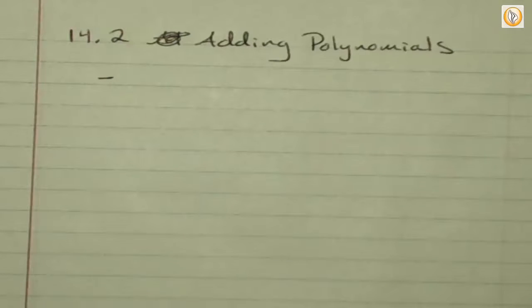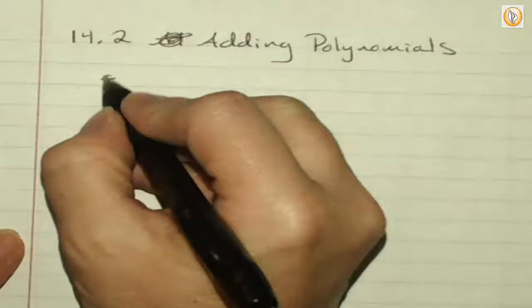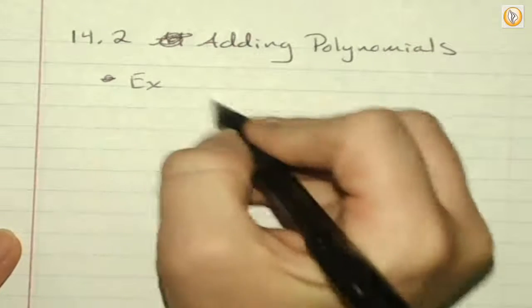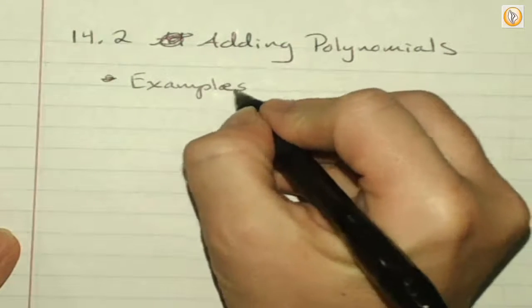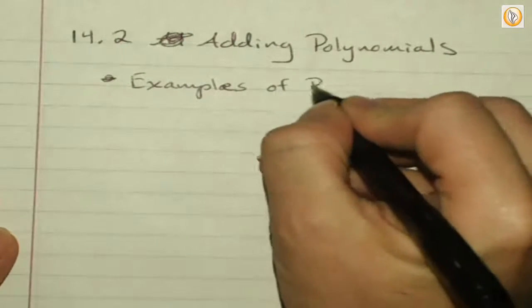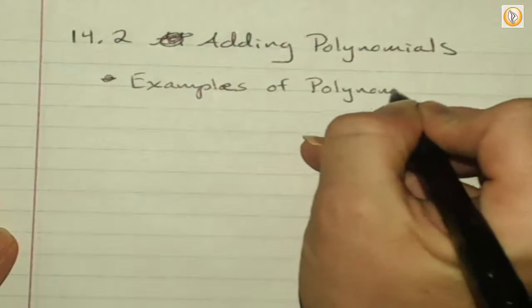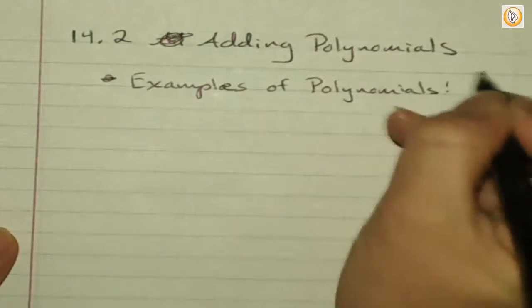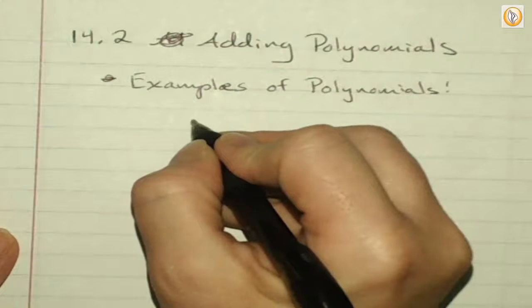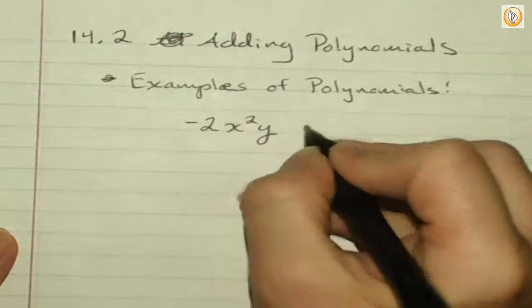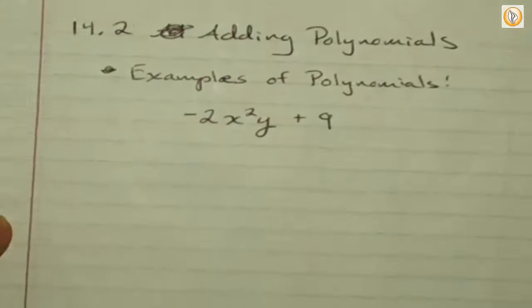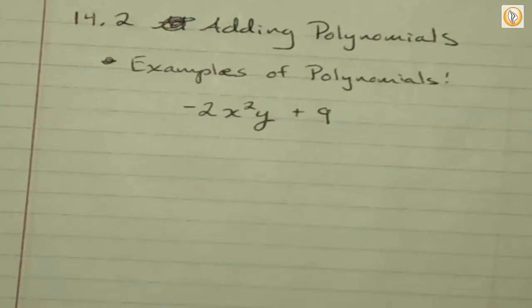Okay, for example, examples of polynomials: negative 2x squared y plus 9. Those are polynomials.